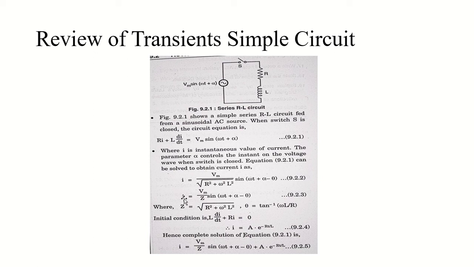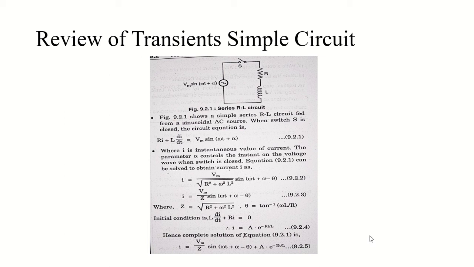So we simply put i equal to this whole term, plus, by the way, here it will be i0. This is for the initial condition, so this will be i0, not i only. So you have to add this term over here, A e raised to minus Rt divided by L. This whole term will be equal to 0.